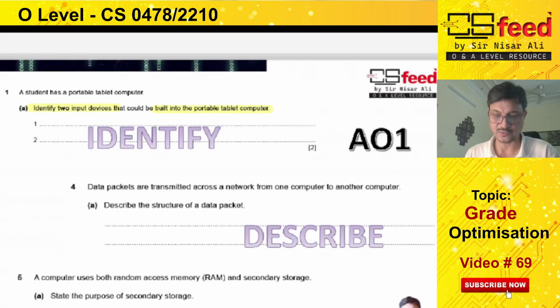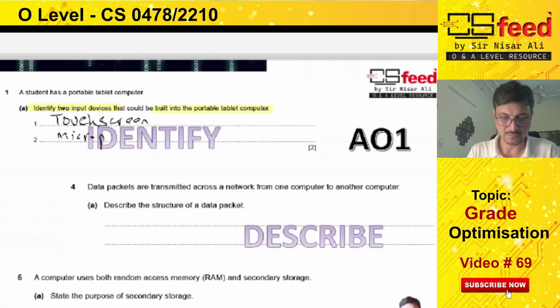It can be the touch screen, or it can be the microphone. Just a single word answer can serve your need, because you are asked to just recall the thing.